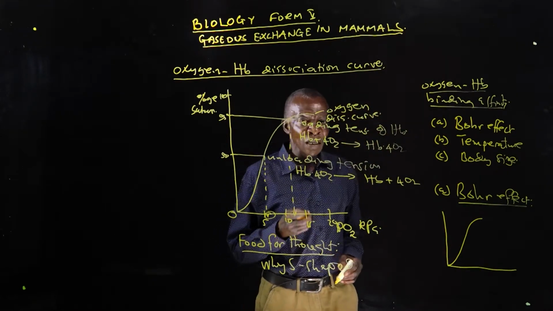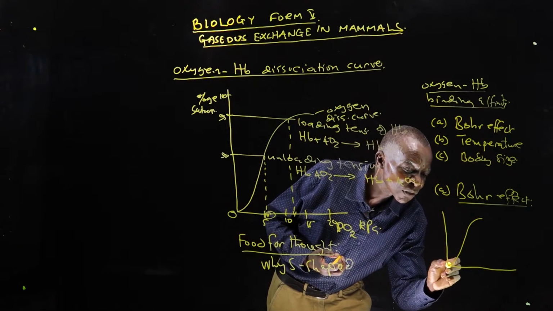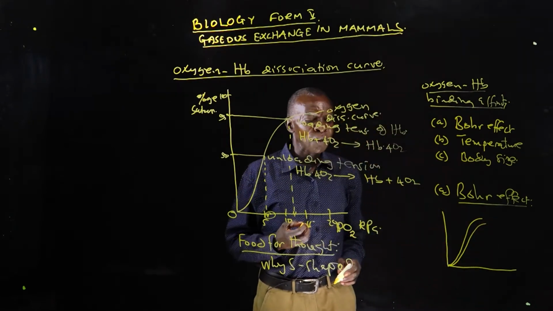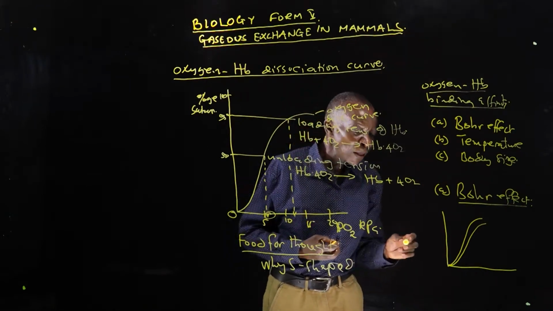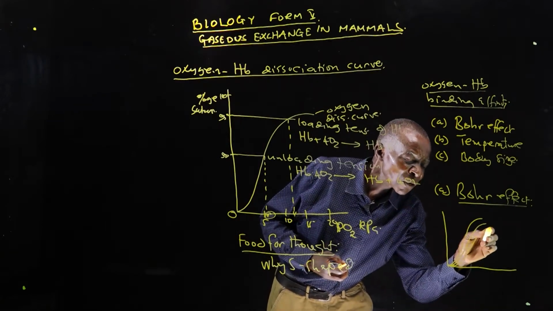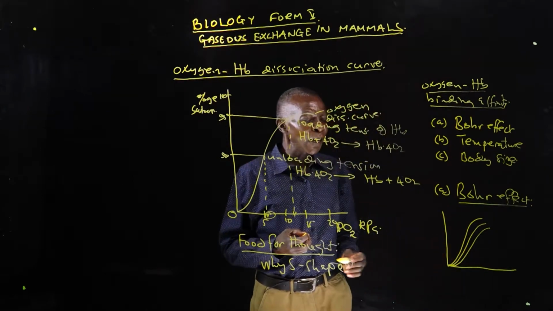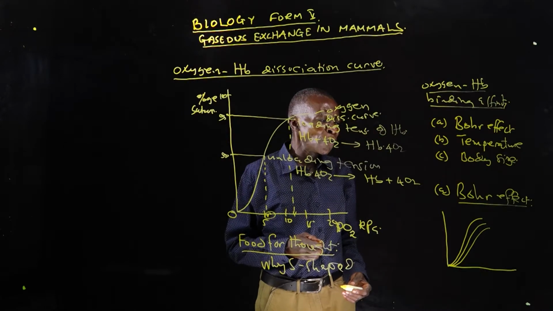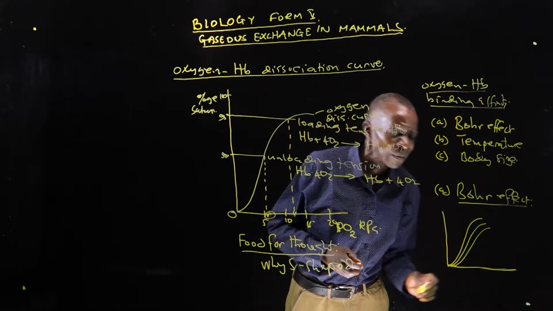With the increased partial pressure of carbon dioxide, the oxygen dissociation curve will be displaced to this particular side. With further increased partial pressure of carbon dioxide, the oxygen dissociation curve is again displaced to the axis of oxygen partial pressure.